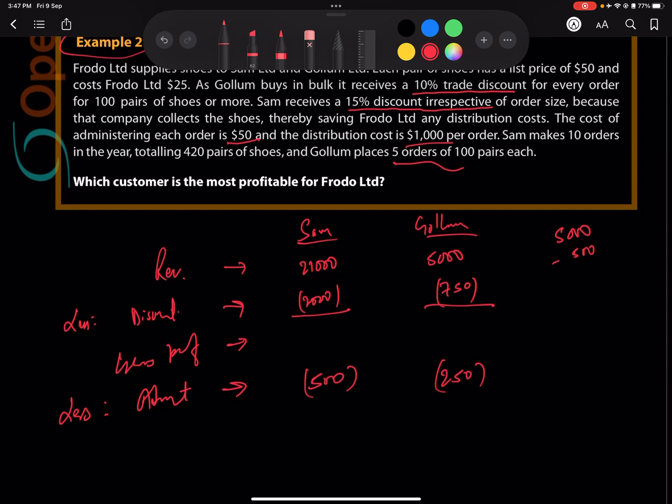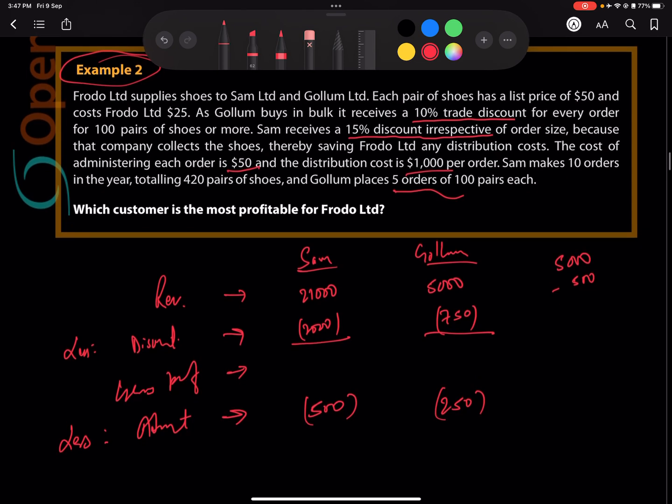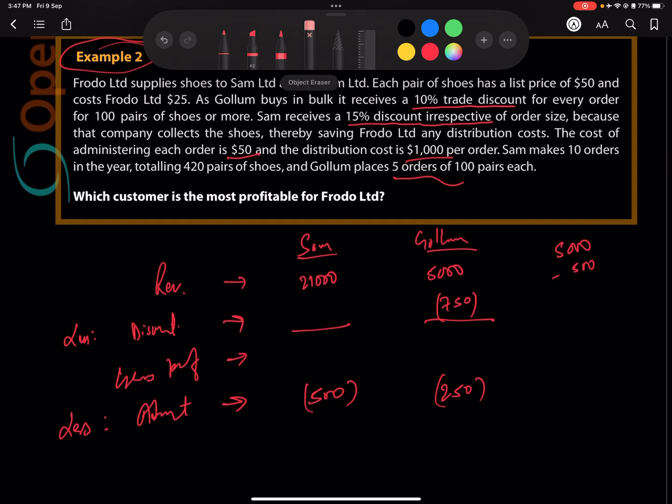Okay, it's Sam who receives the 15% discount. I was thinking differently for the other one. So 21,000 times 15% is 3,150 discount this guy will be receiving. So 21,000 times 0.85 is 17,850.